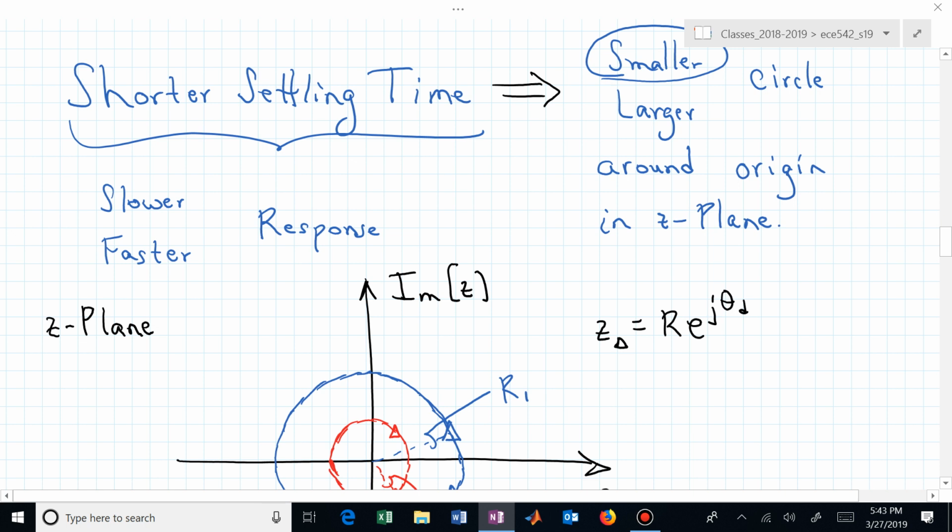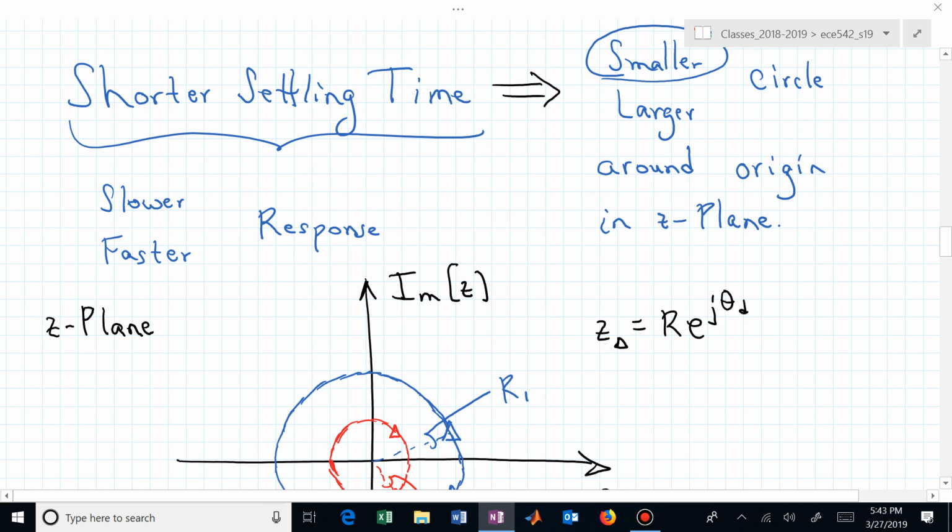A shorter settling time means what? A slower response or a faster response? On the count of 3. 1, 2, 3. What did I say? I'm confusing myself now. Thumbs up was faster, right?